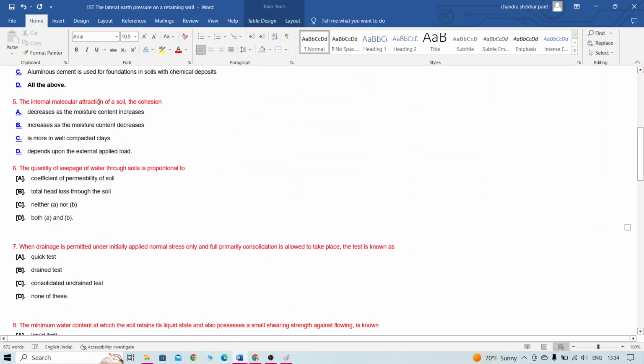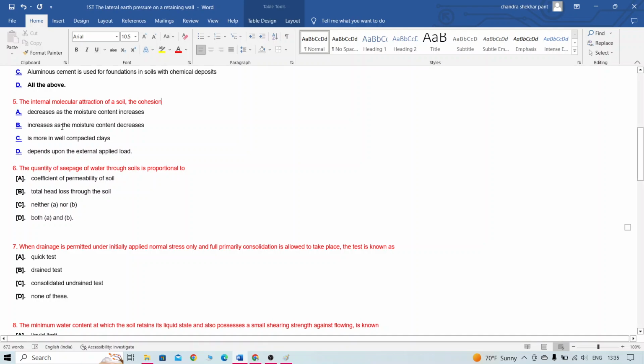Next, the internal molecular attraction of soil, the cohesion. With the increase or decrease of the moisture, how will the cohesion property of the soil behave? That is what the question is asking. The first option is decreases as the moisture content increases, which is somehow good.